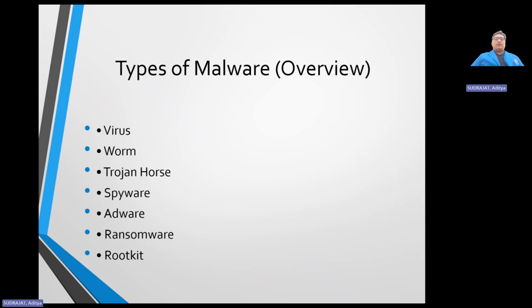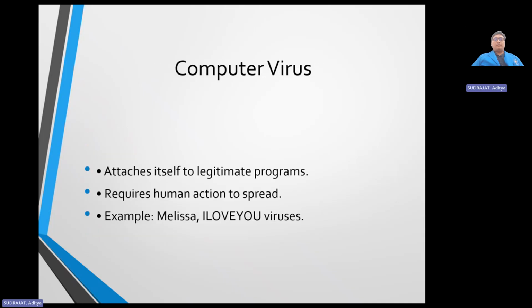Ransomware is malware that steals our data and locks it. If we want to unlock it, we need to pay money to get the key. Rootkit is malware that customizes our application or makes the application malicious and abnormally used.